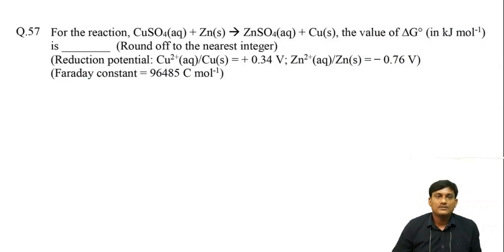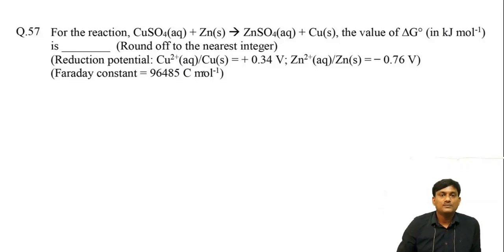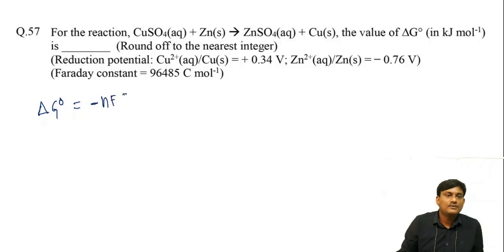For the reaction CuSO4 plus Zn gives rise to ZnSO4 plus Cu, the value of delta G naught is to be found. We know that delta G naught is equal to minus nFE naught of cell. Here, what is the E naught of cell?